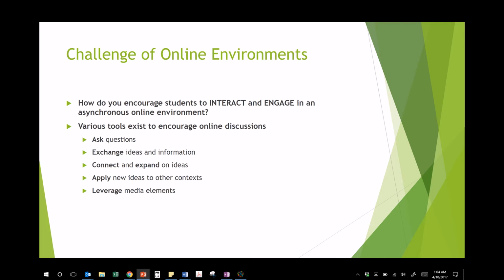The important thing in all of these is that discussions involve opportunities for students to ask questions. There must be an ability to go back and forth, to share ideas. They must be able to share resources, apply those ideas beyond just a conceptual level, and use media elements, use different tools to be able to incorporate those and make them relevant.